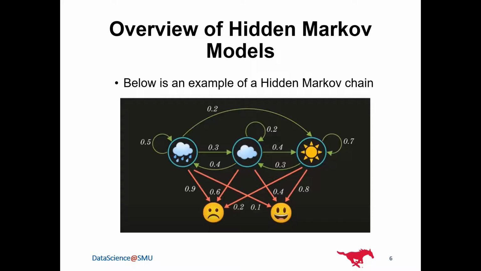In this diagram, the green arrows would represent the transition probabilities, and the red arrows would represent the emission probabilities. So we can say that there is transitioning going on here based on what the weather is one day to what the weather will be the next day. So that is part of the Markov chain, but you can't observe what it is.